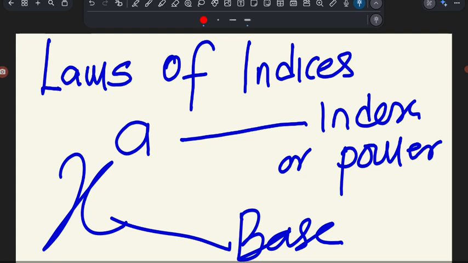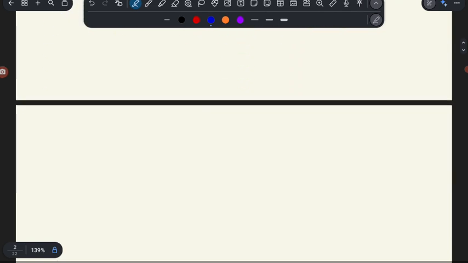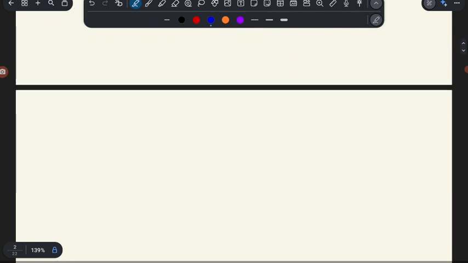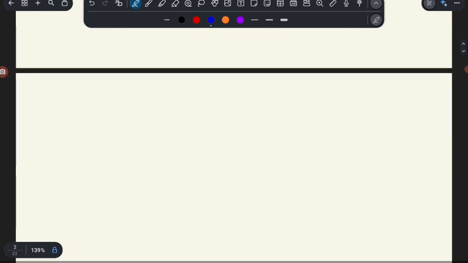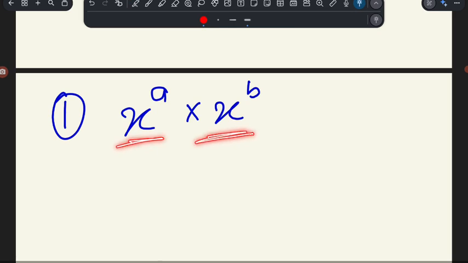Now there are some laws that we need to understand in the laws of indices. So let's start. We have law 1, which tells us that x raised to power a multiplied by x raised to power b: what you observe is that they have the same base but different indices.